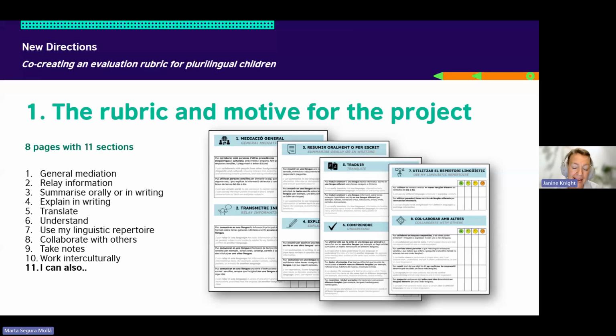The rubric has 8 pages with 11 sections, and they are general mediation, which I'll talk about in the next section, relay information, summarize orally or in writing, explain in writing, translate, understand, use my linguistic repertoire, collaborate with others, take notes, work interculturally, and an I can also section.